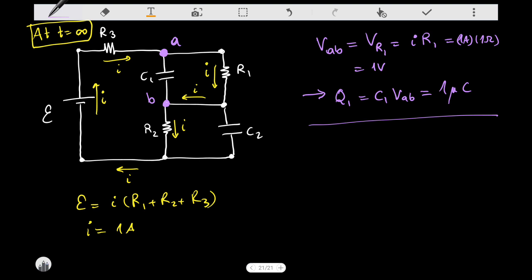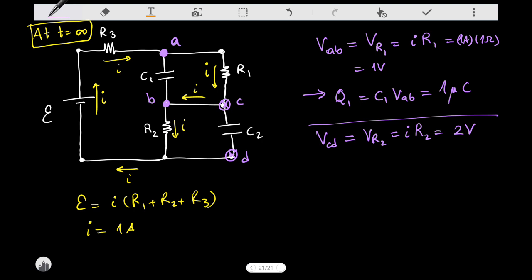Okay. I then continue with the second capacitor. So this time the points that I need to consider are these. Let me call these C and D. I need to compute the VCD potential difference. This is the same thing as the potential drop on R2. So therefore this is I times R2. So in that case this is 2 volts because R2 is 2 ohms.